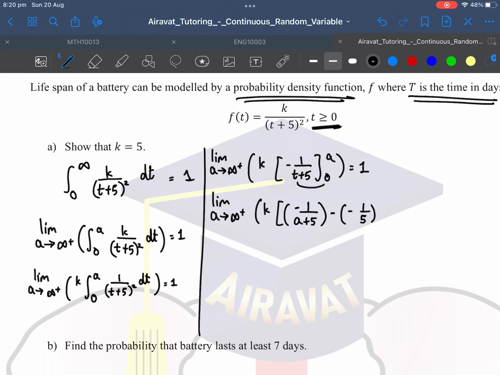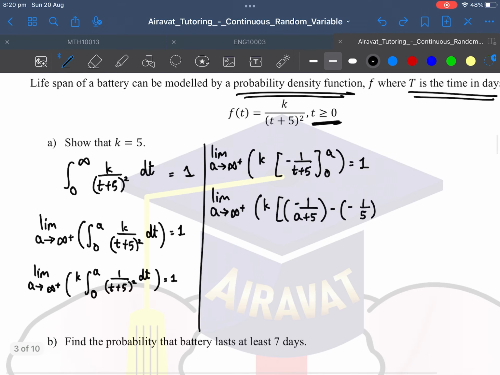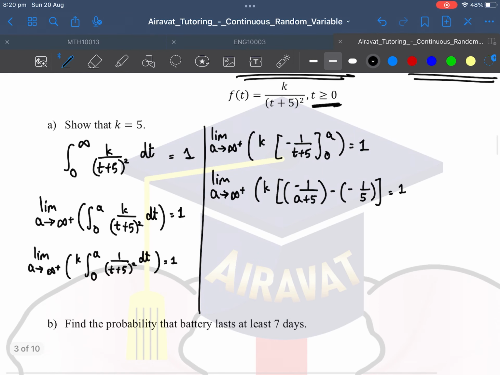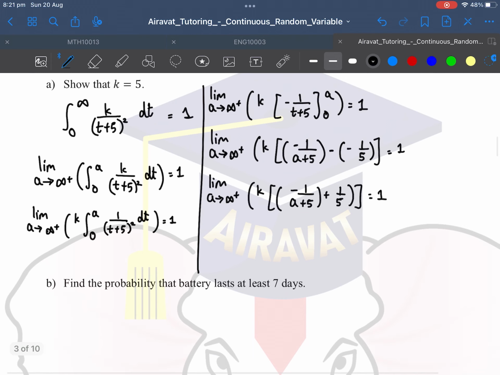I'm just substituting 0 into t and a into t as well, right? And all of that has to equal 1. Do not forget that. So this will become the limit as a approaches positive infinity of k times (-1 over (a plus 5) plus 1 over 5), and this is equal to 1 again.